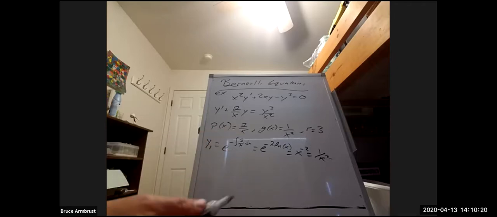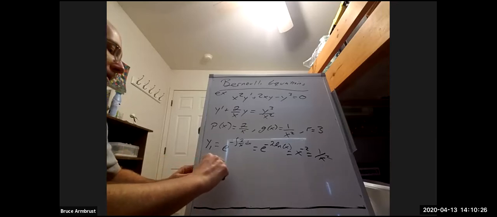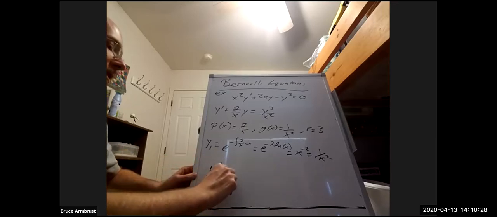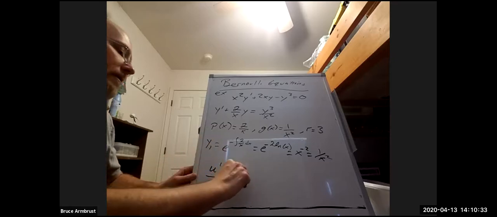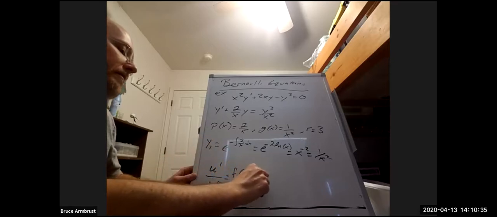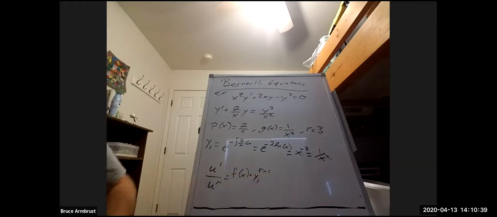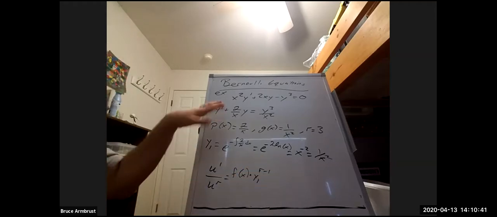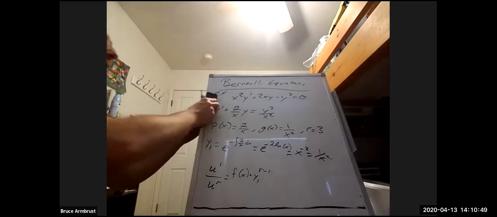Now we need to build our formula for finding u. So let me just remind you what it looked like. It was u prime over u to the r equal to f of x times y1 to the r minus 1. So that's what we had found last time, or that's what we had boxed just a minute ago. So now let's put in our pieces for this specific differential equation.